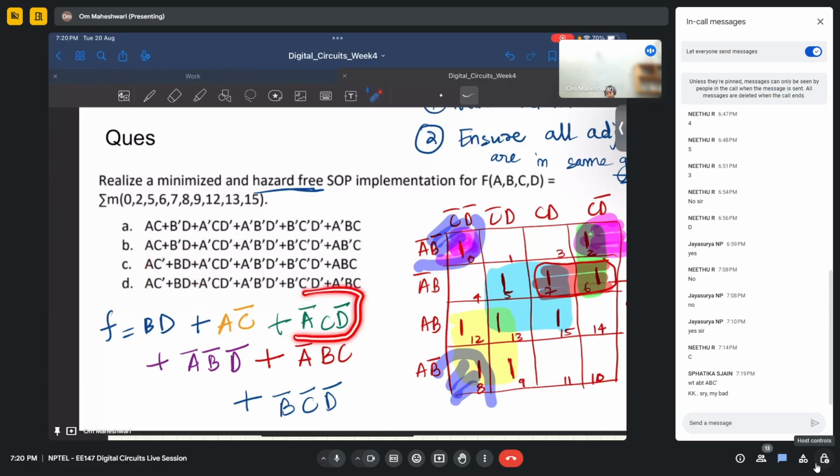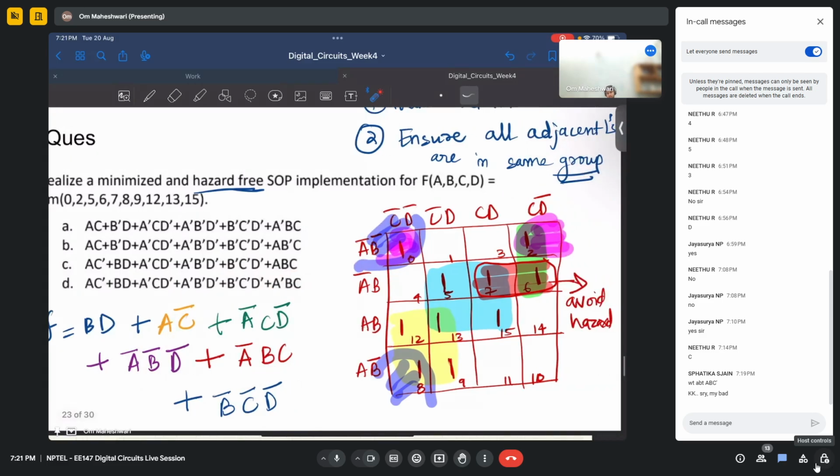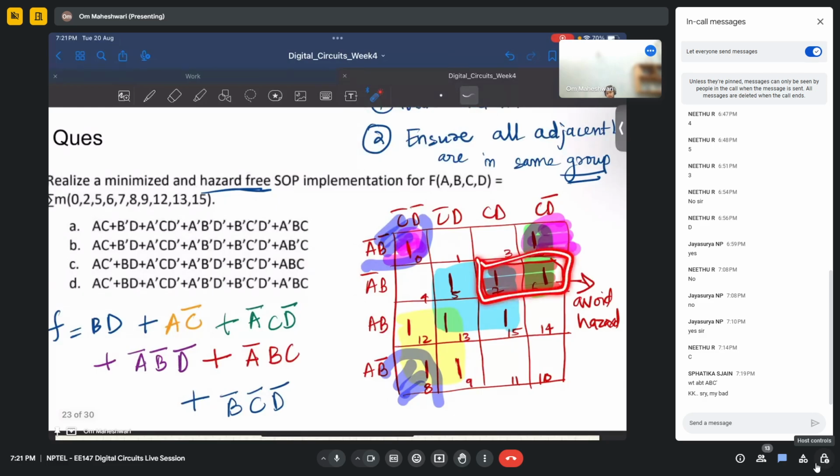A bar C D bar is in both the options. A bar B bar D is in both the options. B C bar D bar is in both the options. A bar B C, okay, this is A bar B C. So this is the correct one, D.